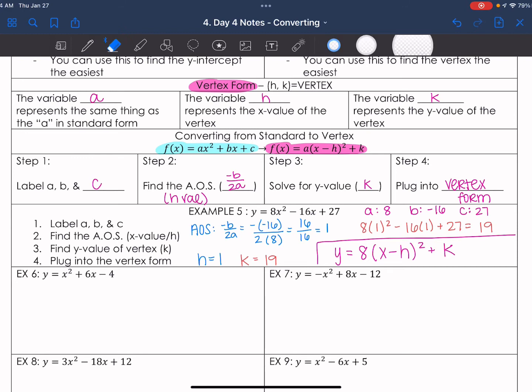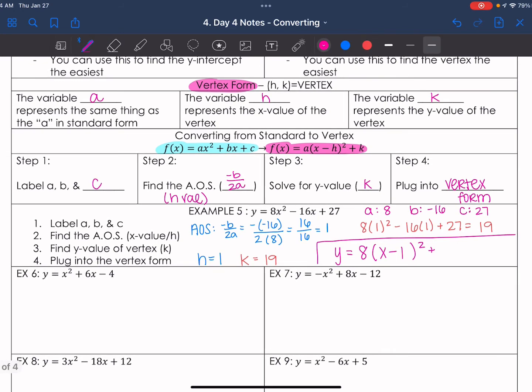We'll replace my h value with 1, and my k value is going to be replaced with 19. So converting from standard to vertex form, you're just following these steps and then plugging it into your form at the end. So that is my final answer.